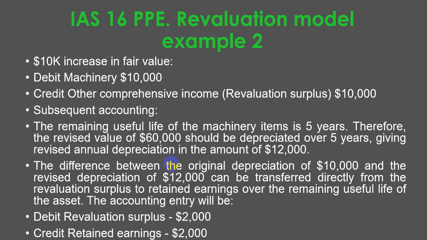The difference between the original depreciation of 10,000 and the revised depreciation of 12,000 can be transferred directly from the revaluation surplus to retained earnings over the remaining useful life of the asset. So the accounting entry will be debit revaluation surplus 2,000, credit retained earnings 2,000.